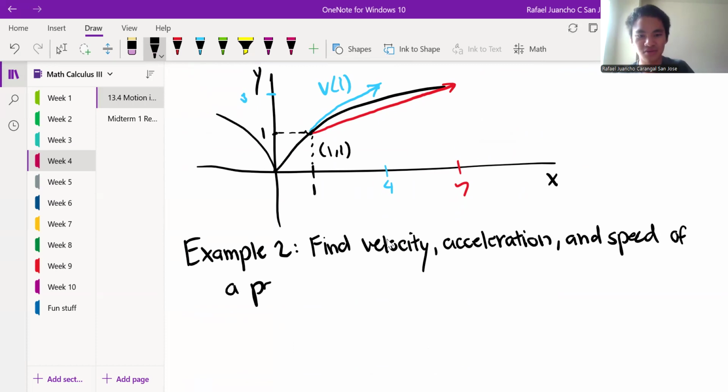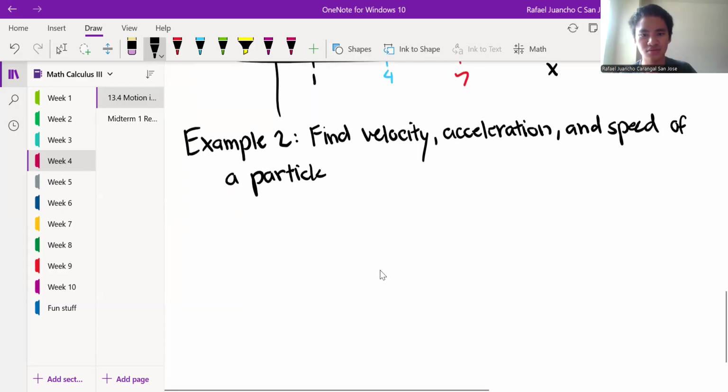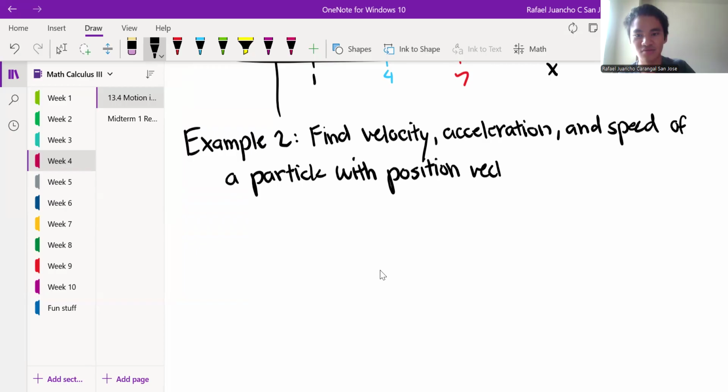So we're doing it again with particles. We're going to say a position vector, and we're going to name it r of t. So it's a vector function, and it's in vector form, thank goodness. So t squared, e to the t, t e to the power of t. Okay.